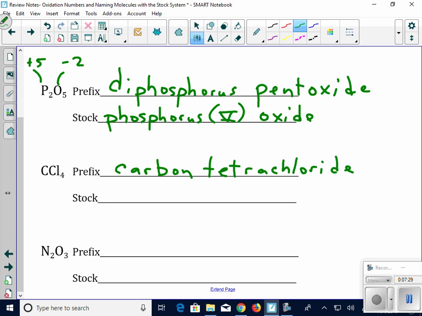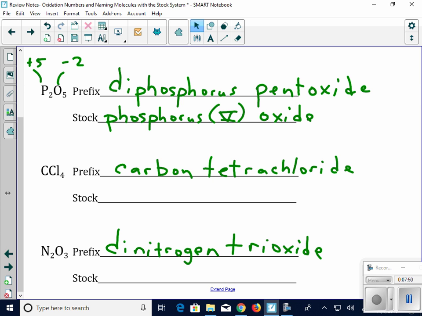And the last one is dinitrogen trioxide. And remember that we keep the I. The only ones we dump is the O and the A. We keep the I. But what I want you to do real quick is, if you haven't already, go through and answer the stock systems for these two. Do the stock systems for these last two, and then I'll work them up here.